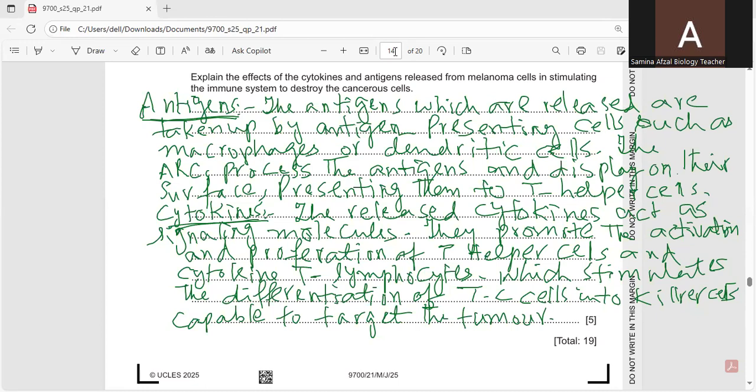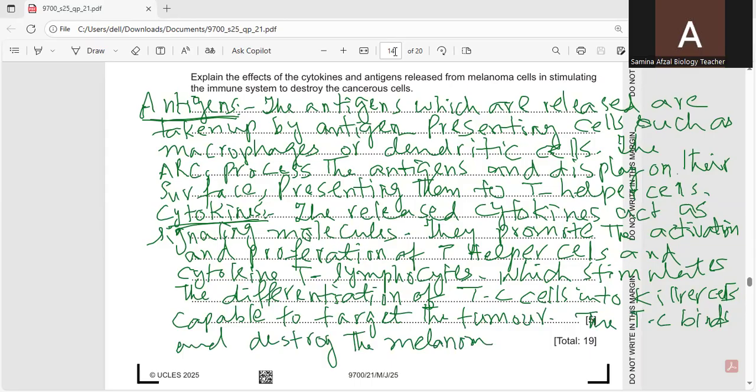So the T cells bind and destroy the cancer cells by releasing toxic substances.